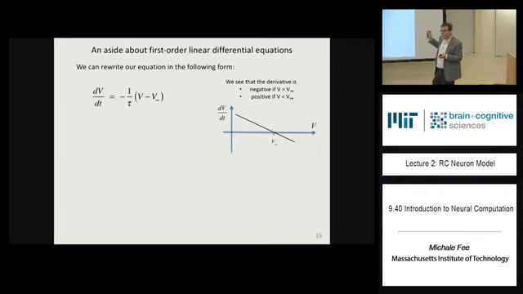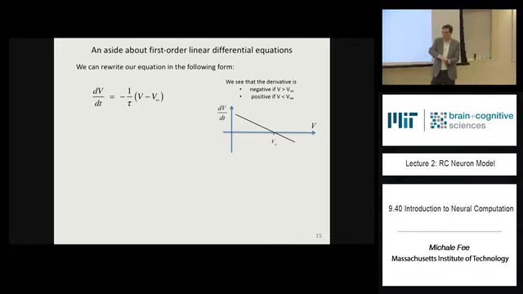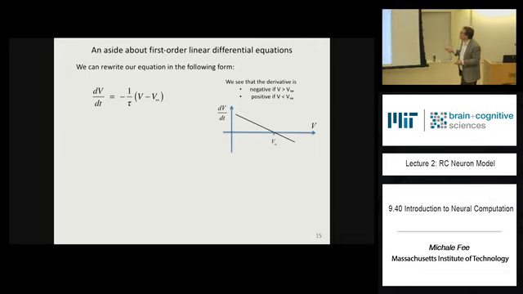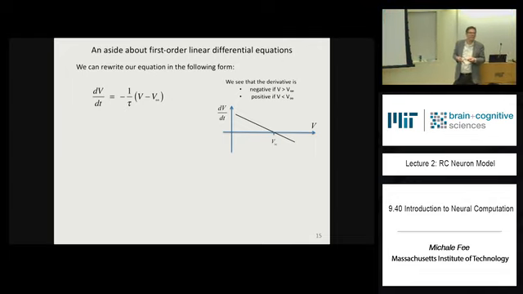So voltage does what? Yes, it approaches V infinity. So no matter where voltage is, it's always approaching V infinity. If it's below V infinity, the slope is positive and it approaches V infinity. If it's above V infinity, the slope is negative and it approaches V infinity from above. Pretty cool, right? So V is always just relaxing toward V infinity.